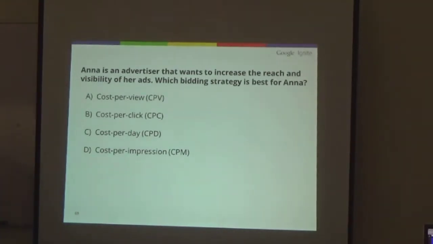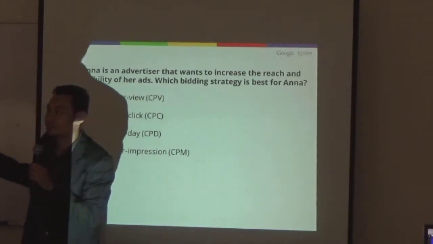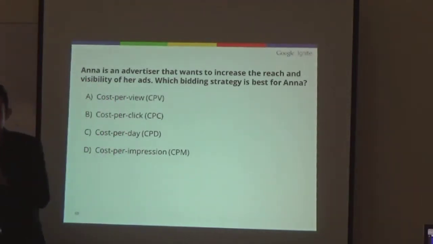Which one? A, CPV. CPV I have not talked about. It's called cost per view. It applies to video most of the time. When you view a certain number of seconds in a video, then it's going to be charged by Google. Is A, cost per view, true or false? B, true or false? C, now C is actually for the YouTube masthead.